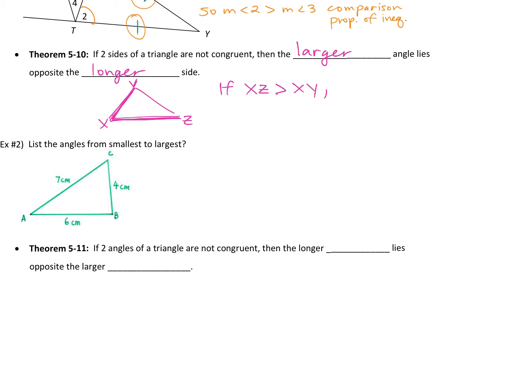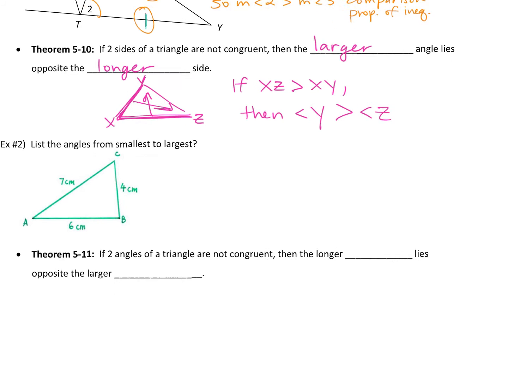So the angle across from XZ, which is angle Y, is bigger than the angle across from XY, which is angle Z. Okay, now I think that makes a lot more sense when you see it with numbers. So let me show you in this example.